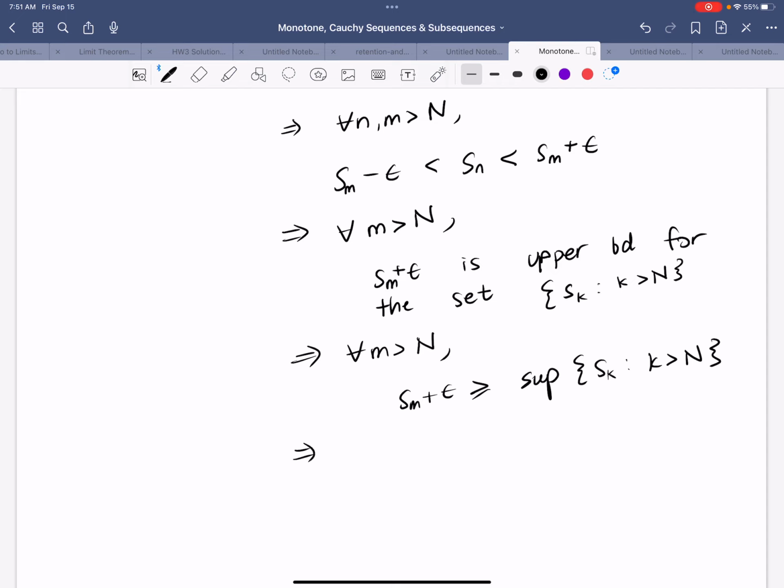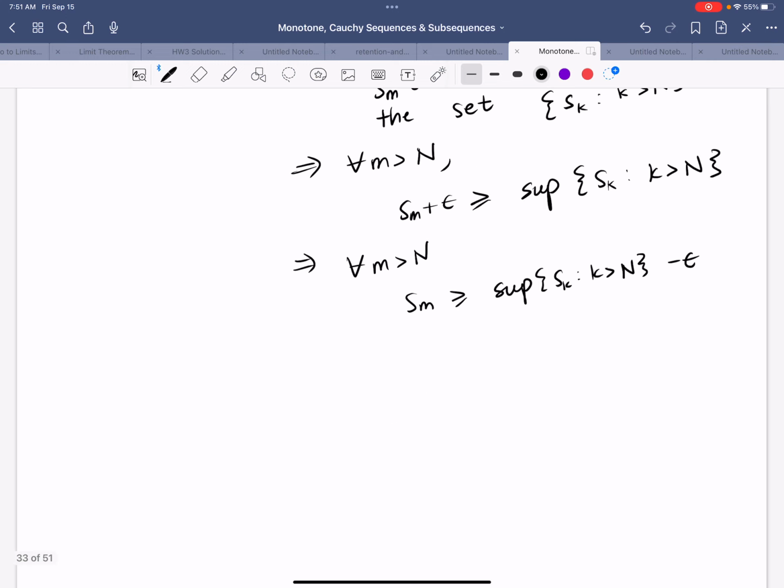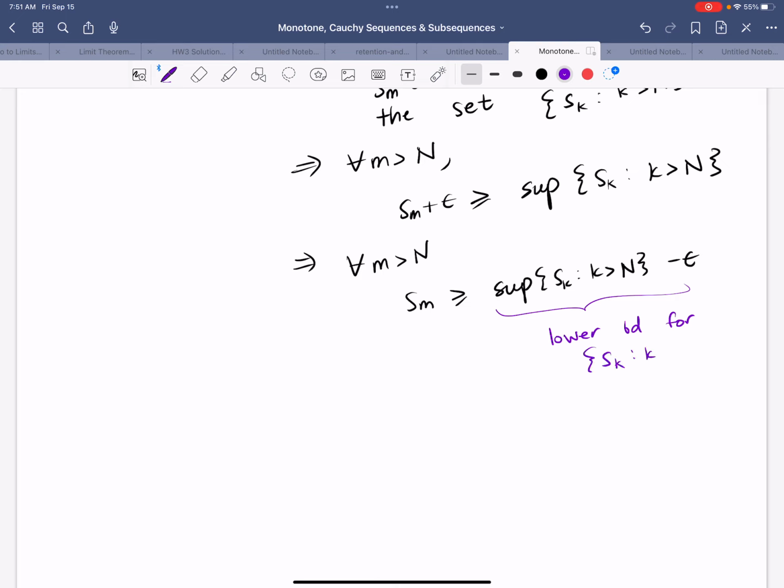And to make this easier to see, for all m bigger than n, Sm is bigger than or equal to that sup minus epsilon, yeah? So this is now a lower bound for the set of Sk such that k is bigger than n, right?